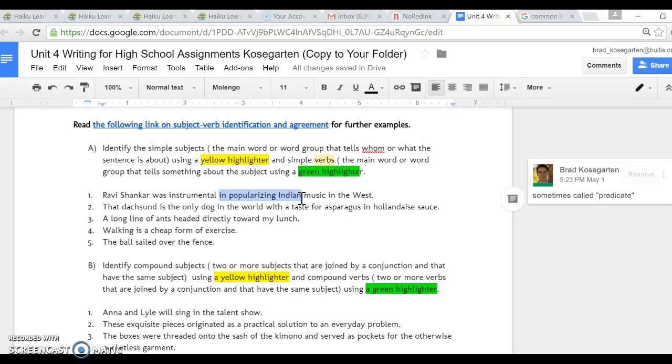We'll talk more in depth about prepositions, but think of it just as the words that follow the prepositions. So these are extraneous. So the core of the sentence is Ravi Shankar was instrumental. That's the skeleton. So let's see how it works in the next couple.